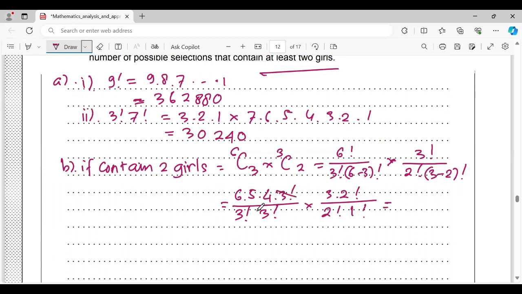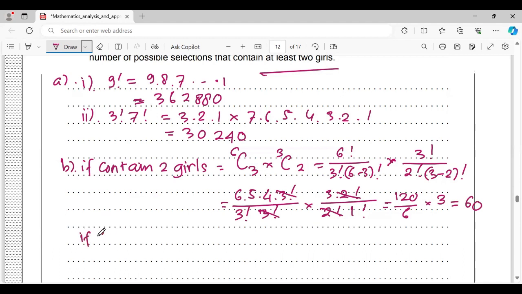If you calculate, it will be 120 over 6 times 3. It is 60.